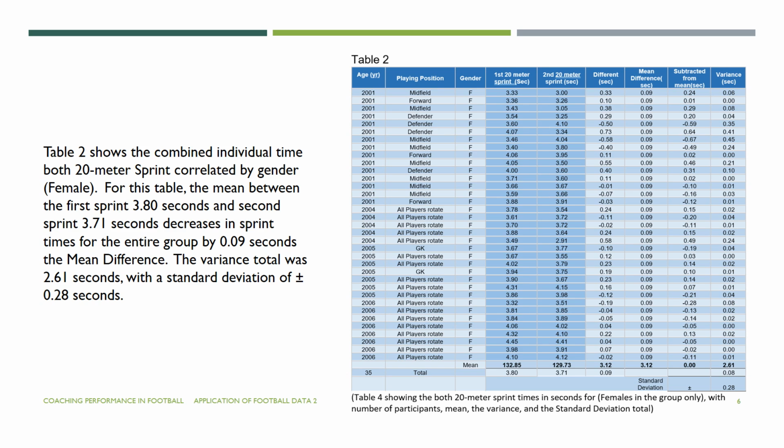Once we calculated the mean difference and subtracted the mean from the individual scores and then got the variance, the standard deviation for the female group was 0.28.